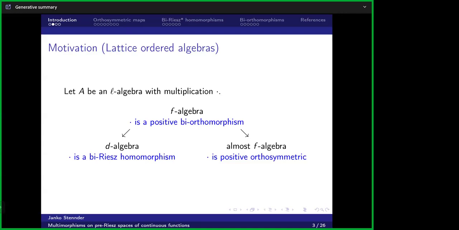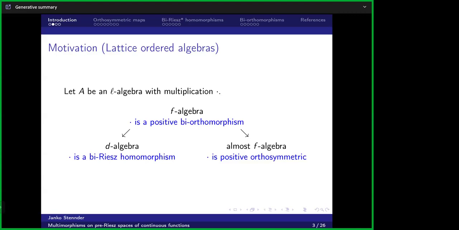So if I have a pre-Riesz space, let's call it X, then we know it can be embedded in some vector lattice Y. We usually call the embedding i, and we can just say in X that two elements are disjoint if and only if the images are disjoint in the vector lattice. So there's some natural disjointness in pre-Riesz spaces by using the disjointness in the vector lattice. So we can also use disjointness to define those kinds of maps.